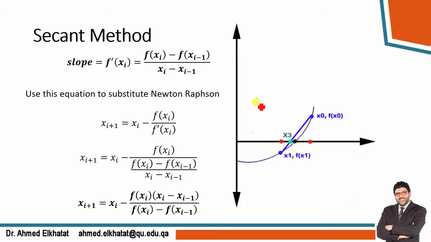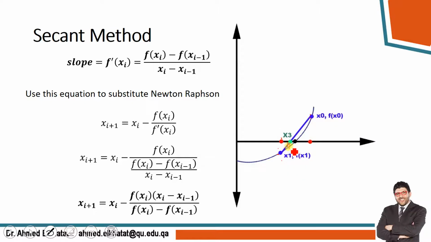So now this is the initial x and this is the second x. This x has a function value here, f(x naught), and this x has a function value here, f(x1). We can extend the line, and this line will produce x3, and from x3 we can find f of x3, and this will cut here.